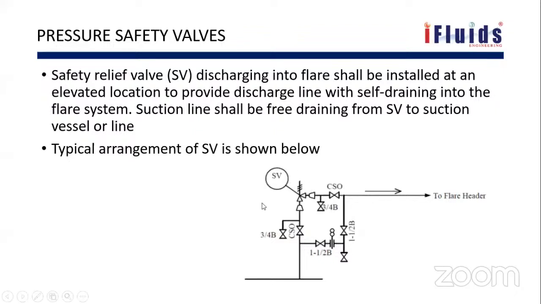So this is how a typical PSV is shown in P&IDs. It will have its isolation valves, drain and vent lines. It may or may not have a bypass valve. But what's important is keeping the upstream and downstream valves open in the PSV which is in line.